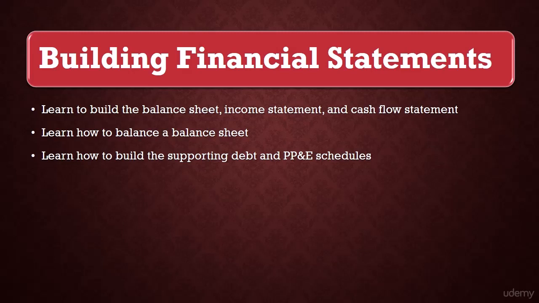We're also going to learn how to balance a balance sheet, which is making sure our assets equal our liability plus our equity. And lastly, we'll learn how to build our supporting debt and PP&E schedules, which will help us with things such as long-term and short-term debt that we have to pay off in our liability section of our balance sheet. And we'll also learn our PP&E schedule, which will help us with our depreciation over the years and learn how we're paying that off as well.